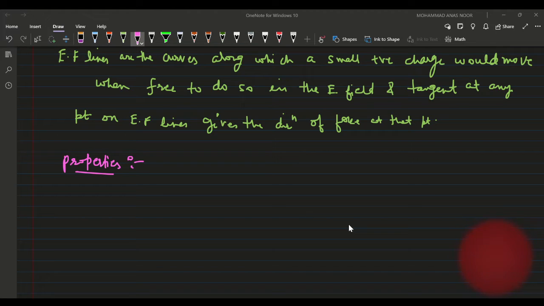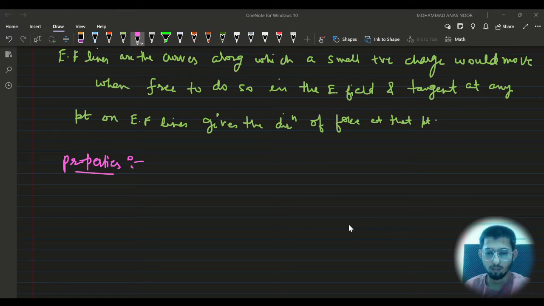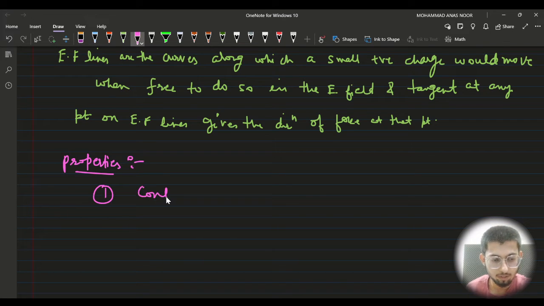Can you see? So the first property is that these field lines are continuous smooth lines. What does it mean?